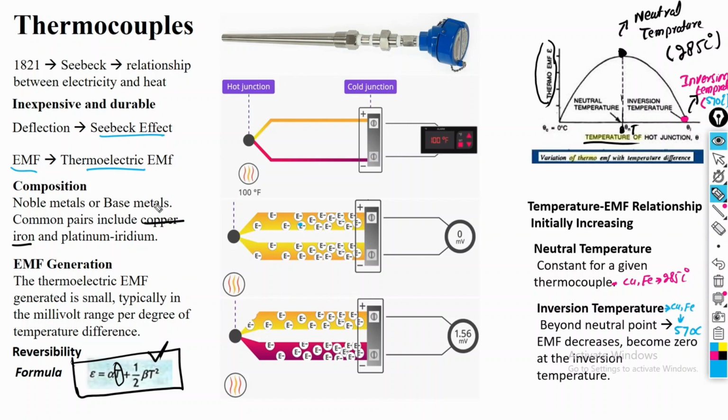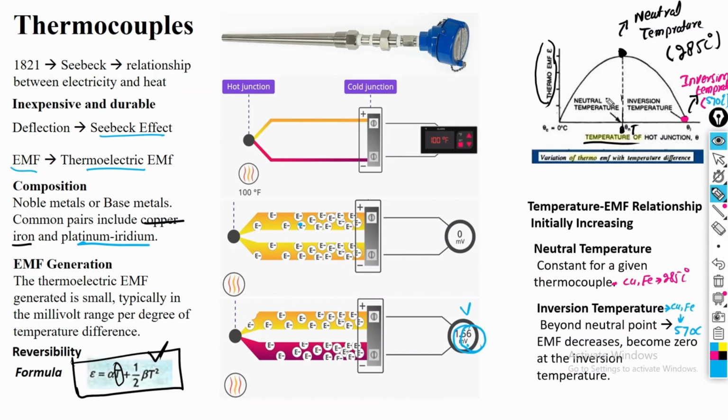The device may be composed of different metals, mostly noble metals, and the common pairs are copper and iron, and platinum and iridium. The EMF generated is very small, so the voltage that appears is very small, and this process is reversible.